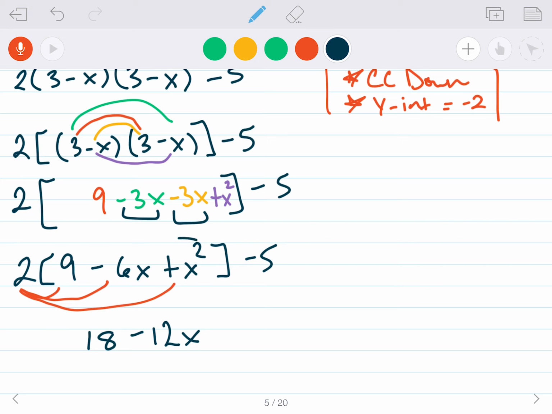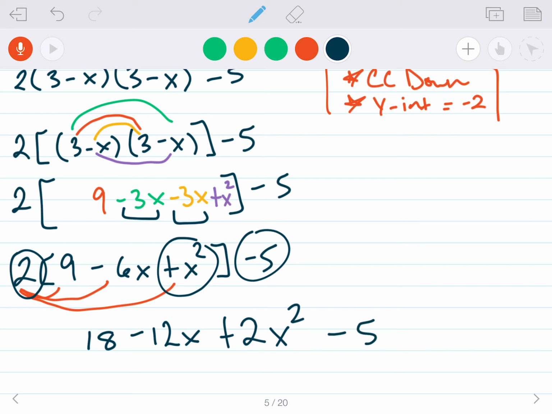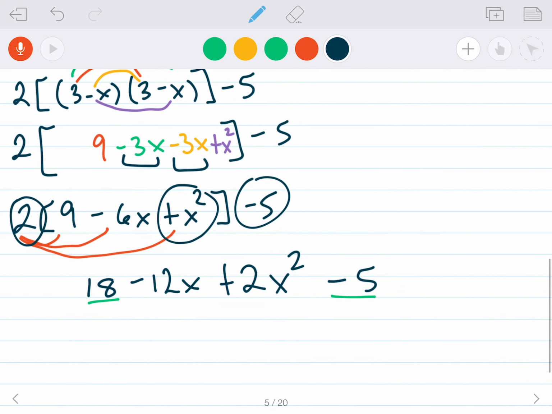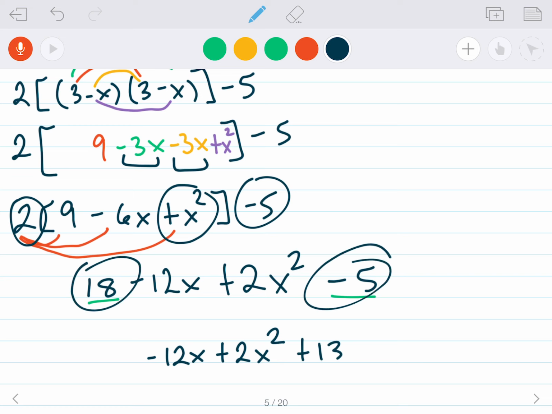And 2 times positive x squared is a positive 2x squared. That negative 5 is still hanging out in the back. And at this point, we can combine like terms. We can combine the 18 and the negative 5 to give me positive 13. So I get negative 12x plus 2x squared, and then positive 13 is that 18 and the negative 5.